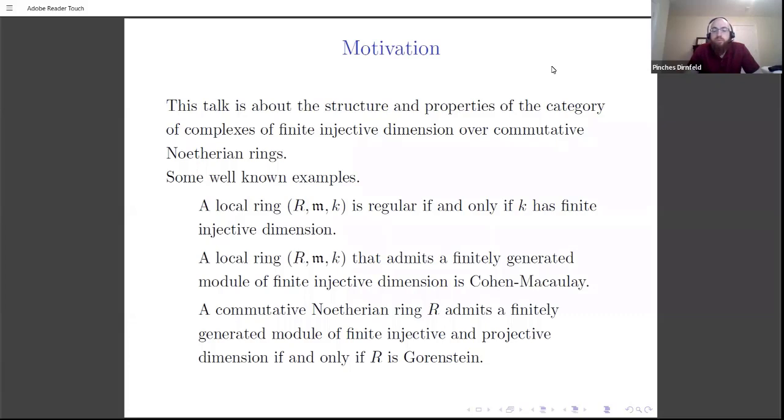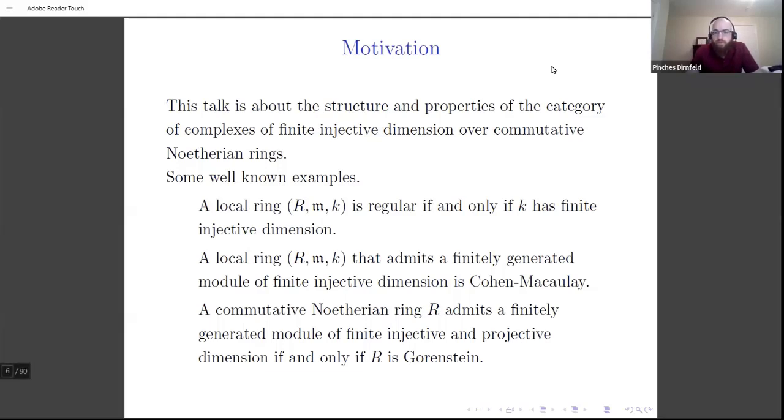This is due to Bass and to Foxby, I believe. A commutative Noetherian ring R admits a finitely generated module of finite injective dimension and finite projective dimension if and only if R is Gorenstein. And of course, if R is Gorenstein, the categories of finite injective dimension and finite projective dimension coincide.